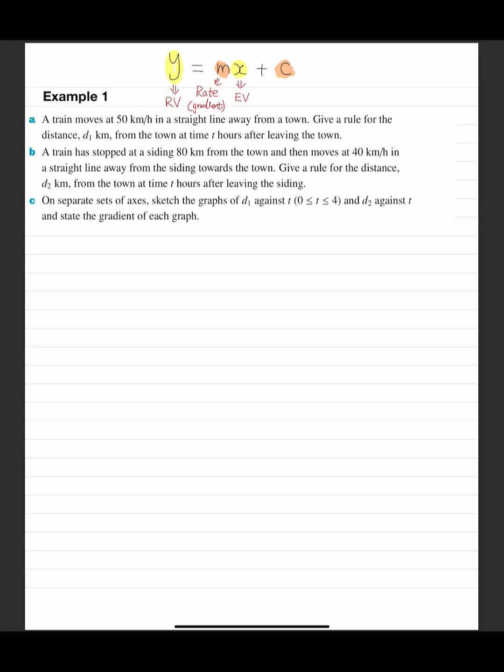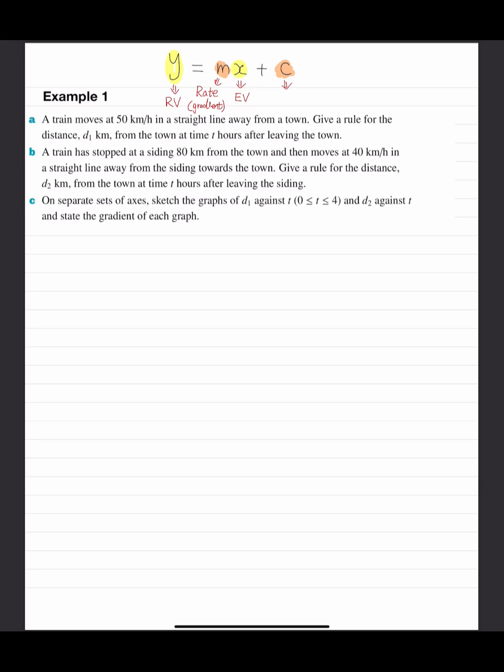For example, speed is a rate as it represents the distance per every unit of time traveled. Or the unit cost, for example, the amount of money you have to pay per unit quantity of an item. Those are rates.